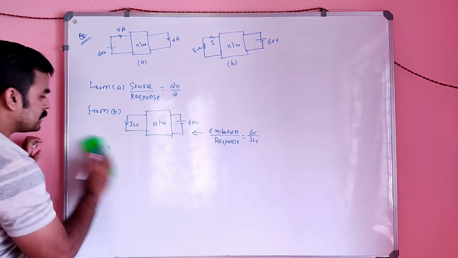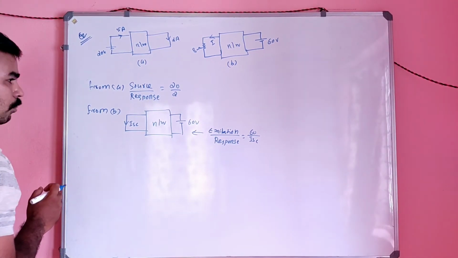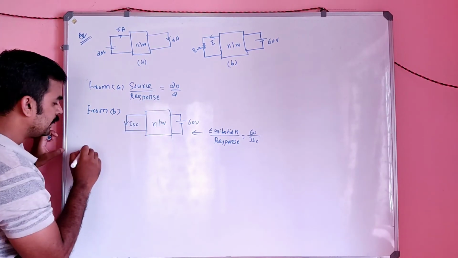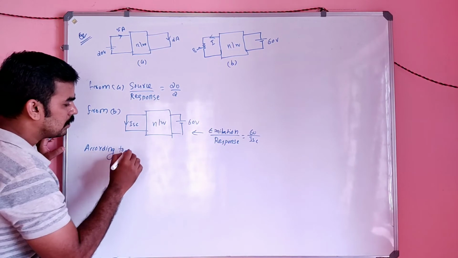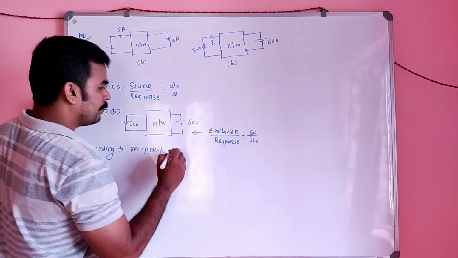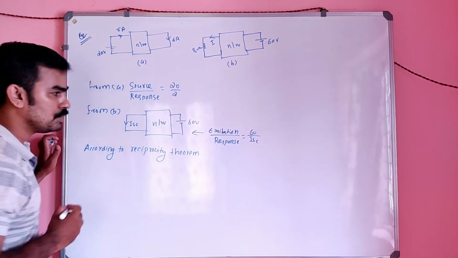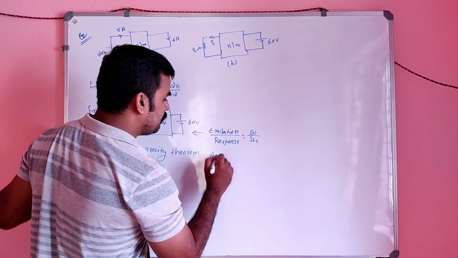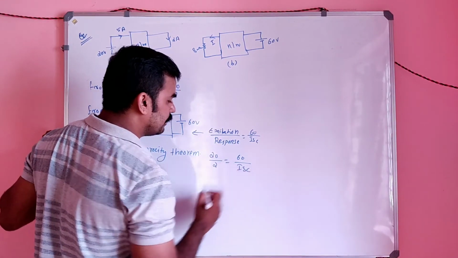So according to the reciprocity theorem, what can I write? 20 by 2 will be equal to 60 by ISC, right?